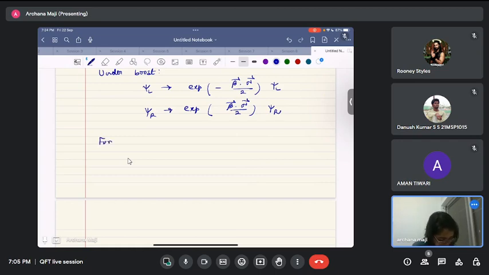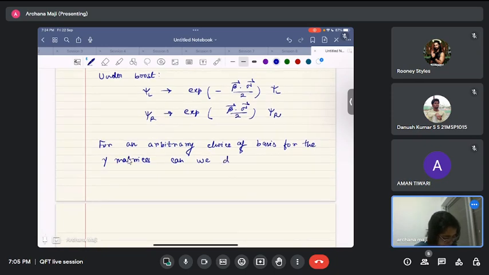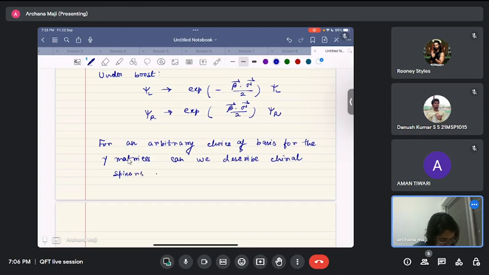So let me just write down what we are asking. For an arbitrary choice of basis for the gamma matrices, can we get these chiral spinors in a Lorentz invariant way?